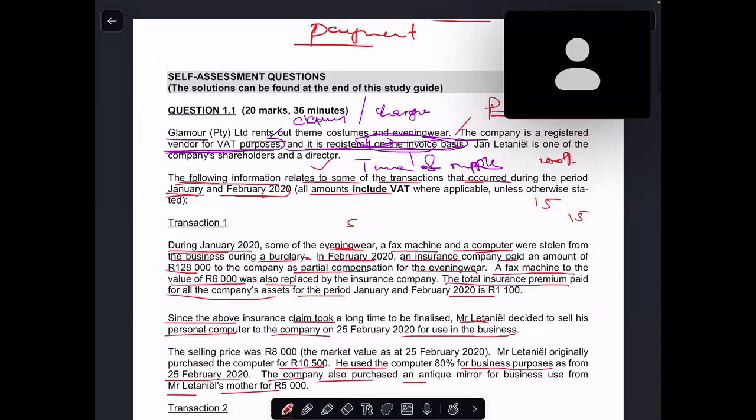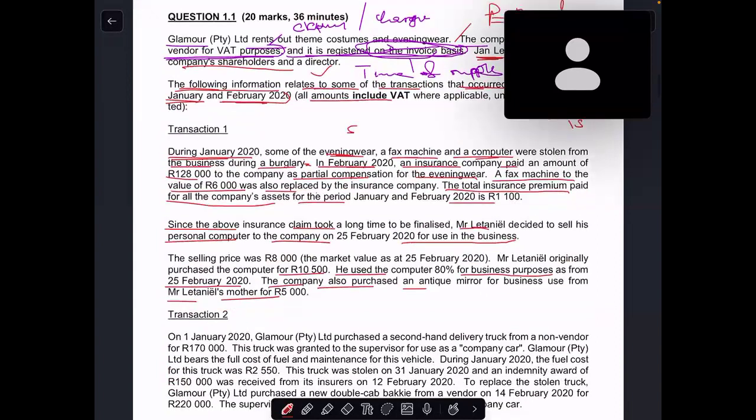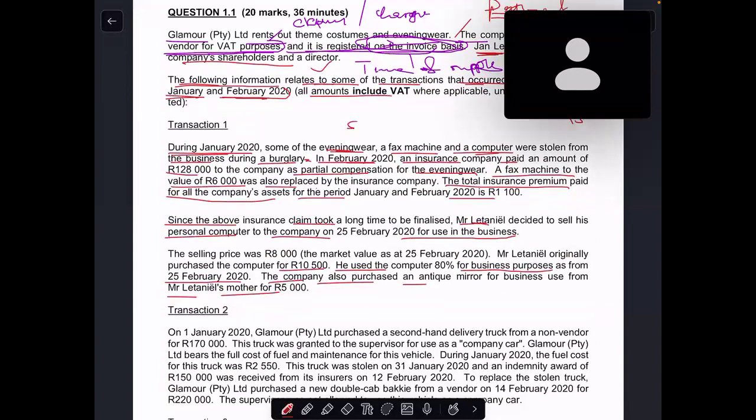Did they tell us who this person is? All right, they're saying Jen Letani is one of the company's shareholders and the director. She is the kind of an owner of the business because shareholders are the owners of the business. And at the same time, he is the director of the business. Are we together? So what happened? He sold one of his computers.